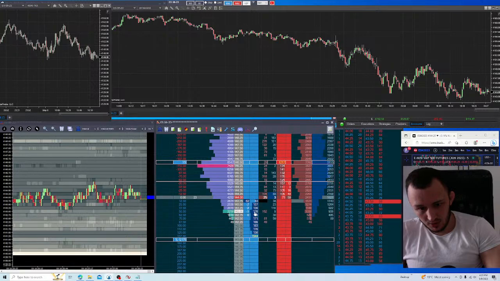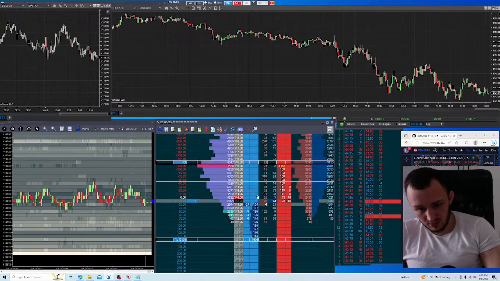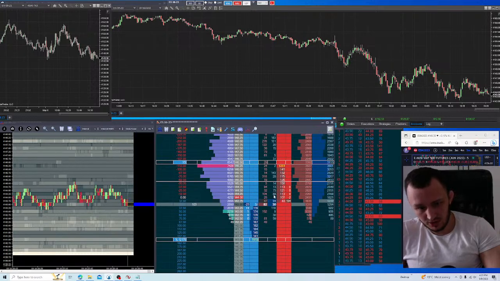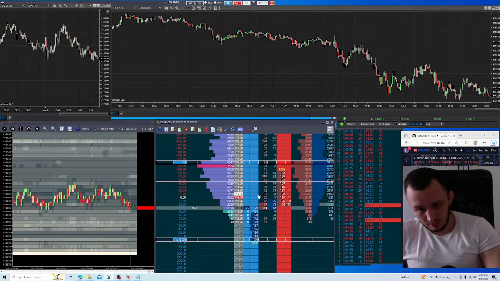For me, this looks like we want to make at least one more flush down, you know, because we still have big sellers really interested here, always rejecting every pullback. So I want to see one more flush here.